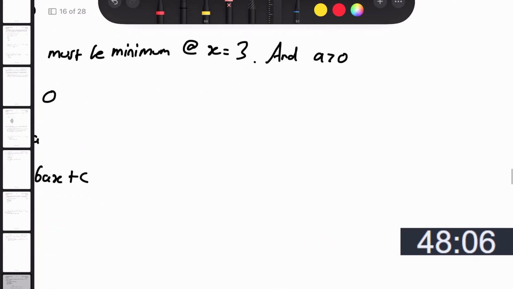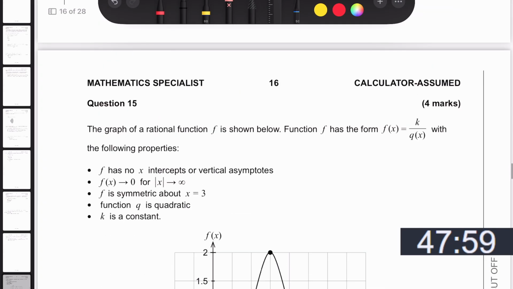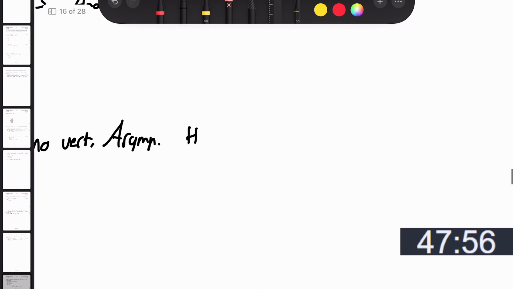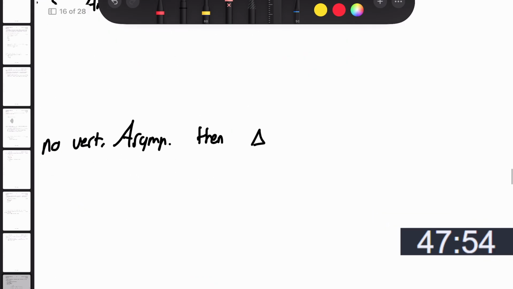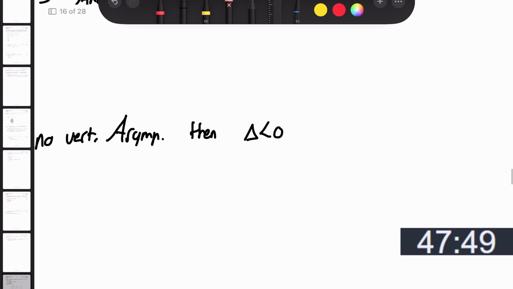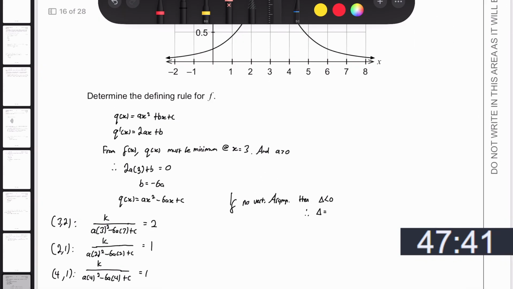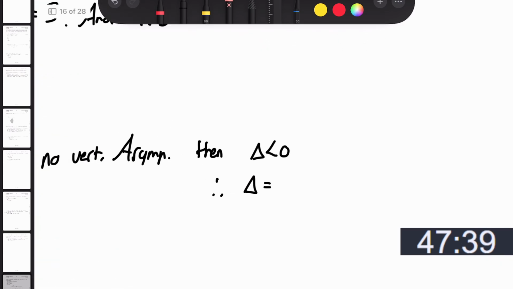So there's no vertical asymptotes. So if no vertical asymptotes, it has no zeros, the discriminant must be less than 0. Therefore, discriminant is equal to negative b plus or minus 4ac.